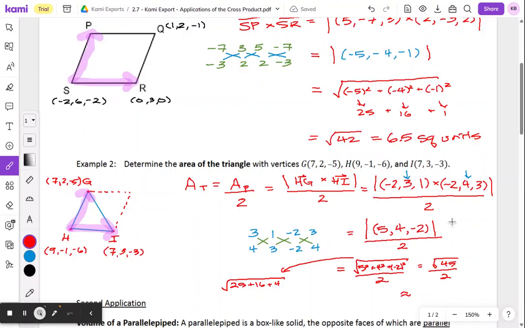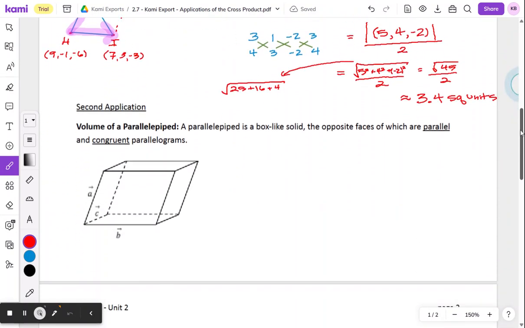I divided by 2. So I'm just going to give an approximation here, but this is going to be approximately 3.4 square units. Okay, so review over that, and we're going to move on to the next application.